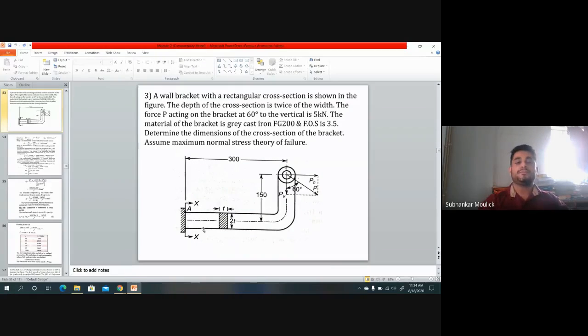Now I am telling you, see, how is my bar? Suppose this mobile is my horizontal bar and this pen is tilted from here, there is a fillet here, a slight fillet, and it is tilted like this, okay. Now what is happening is that you are applying PH in this direction, so PH will try to make this vertical portion of the bar horizontal, yes or no? Due to this horizontal force PH, what will it do? It will try to make this vertical portion of the bar horizontal, yes or no?